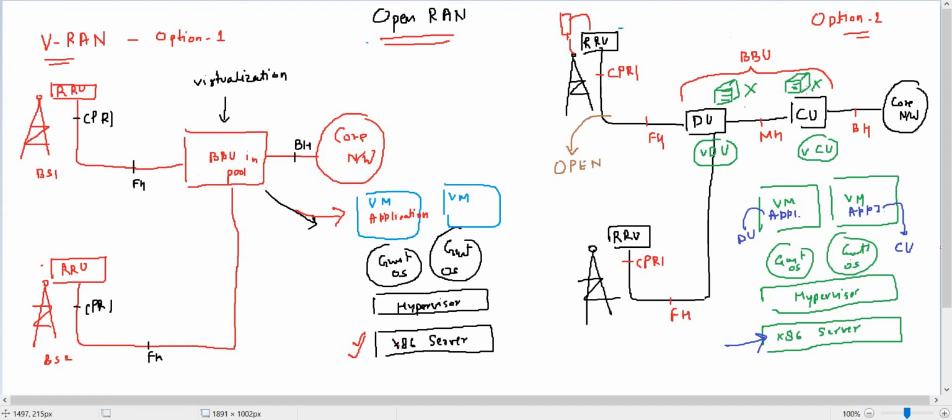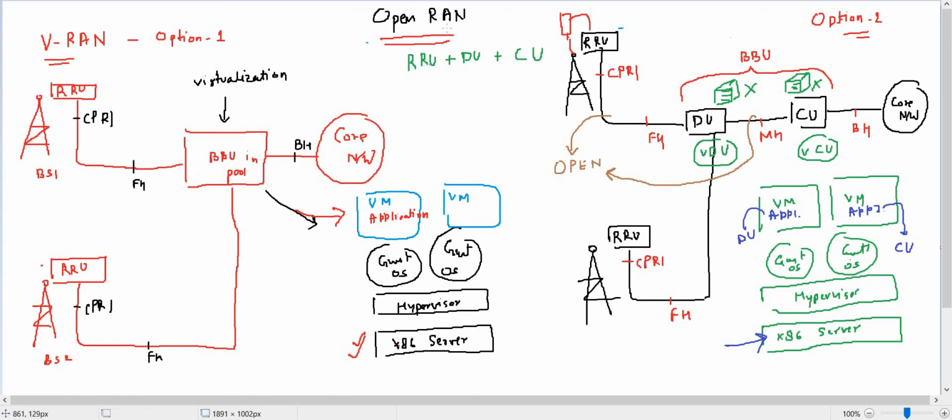Similarly, the interface between DU and CU also becomes open. Open means now the operator has the flexibility to merge hardware from different vendors. Our base station consists of RRU plus DU plus CU. These are the components of our base station.